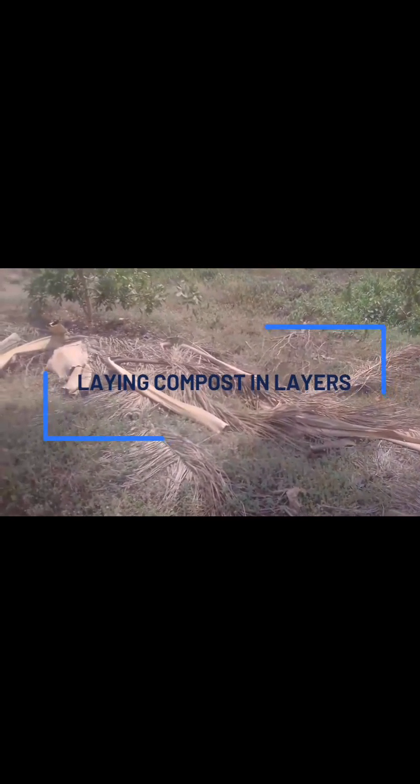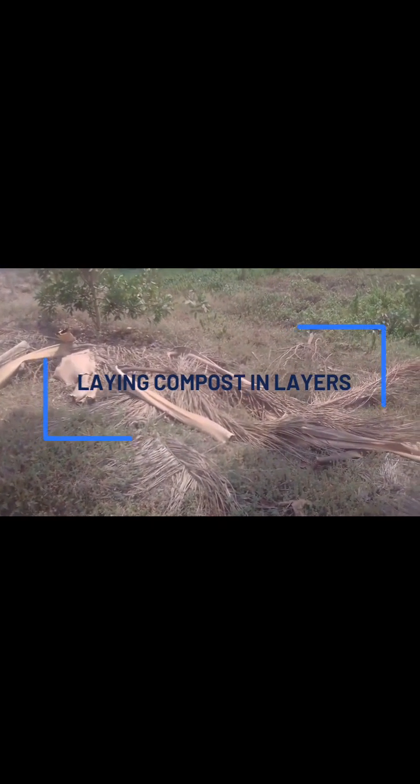If you want to lay your compost in layers and you want to do it on a bare ground, you can start it this way. You can put the clippings first, that is the straws, the branches, and some other materials.